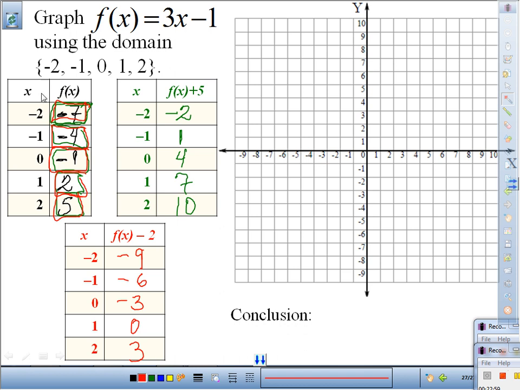Let's graph the first function, the original function. Here we go. -2, -7. -1, -4. 0, -1. 1, 2. And 2, 5.